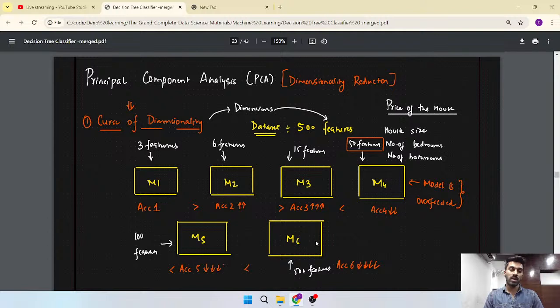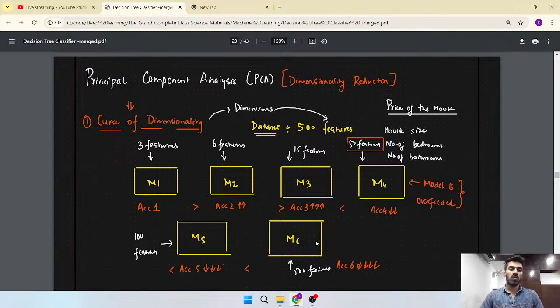So the same problem will be in the model. If you increase the features somewhat, it will be able to remember. But suppose you have increased the number of features to 50, 60, 100,000, then how will this model be able to remember? So here PCA comes into the picture.